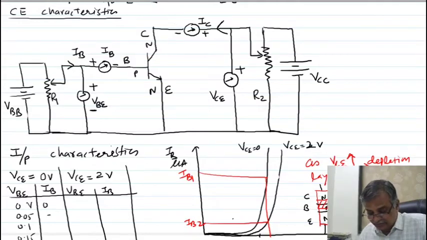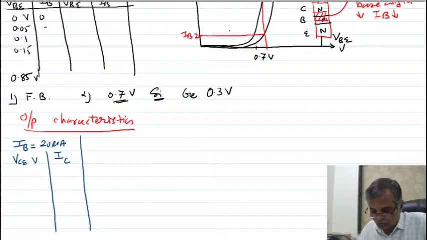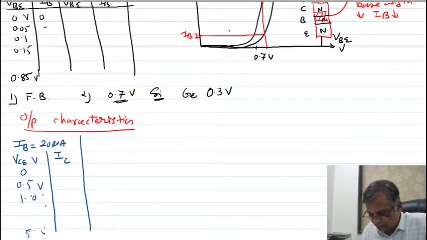Repeat the same for a different value of the input base current. So here 0.5, 1 volt, and so on, up to 5 or 7 volt, depending upon the reading, and note down the corresponding value of collector current.